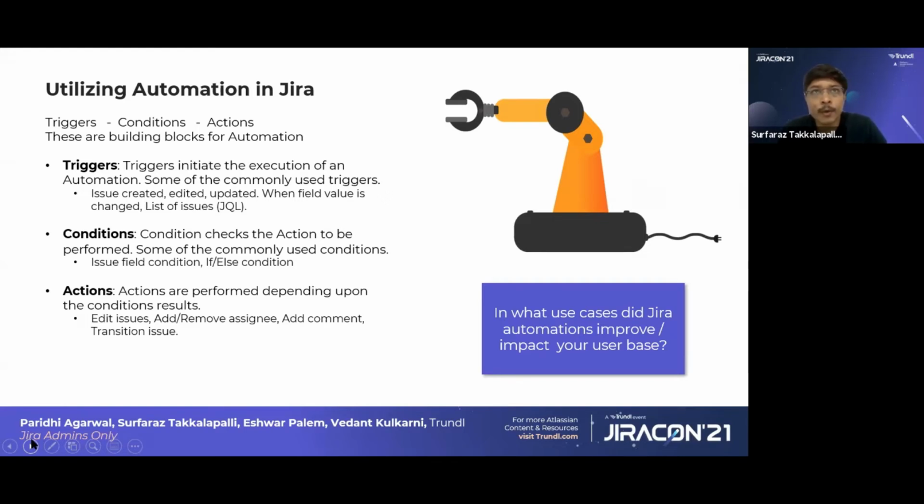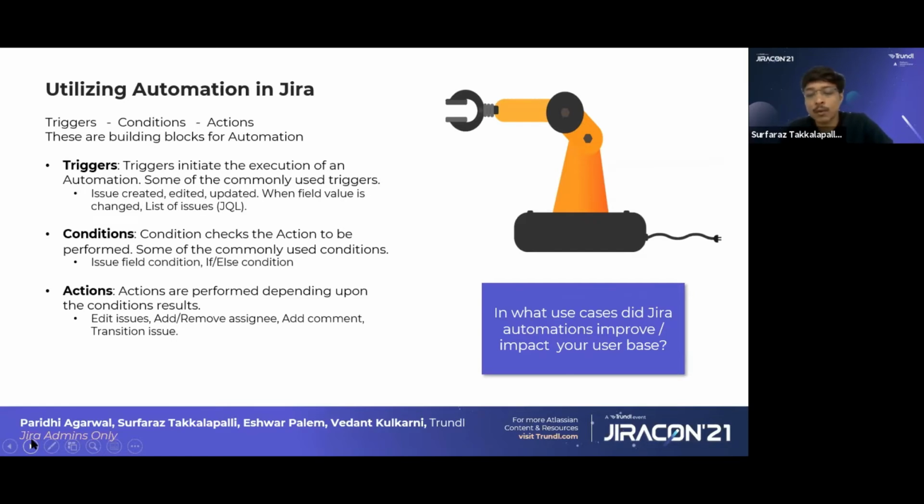If priority is medium, then execute the rule, and if not, then it will not. Actions mainly depend upon the results of conditions. For example, if the condition is true, you can add watchers or remove watchers, or you can transition the issues.